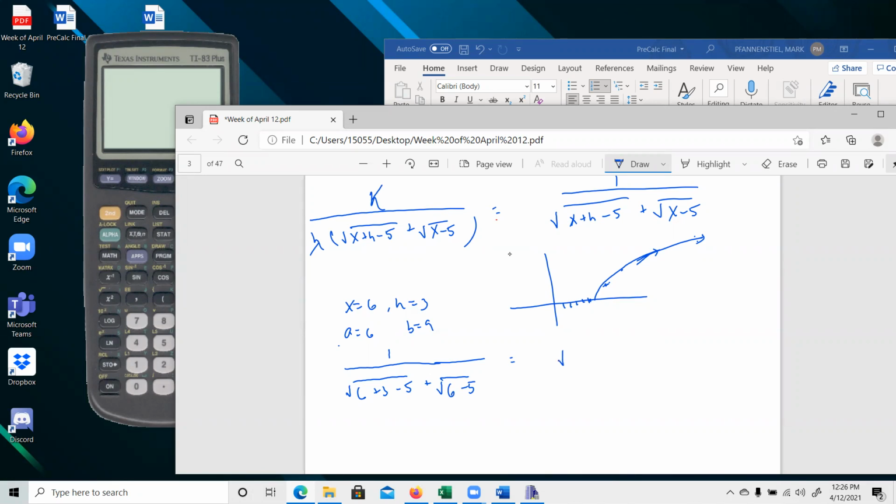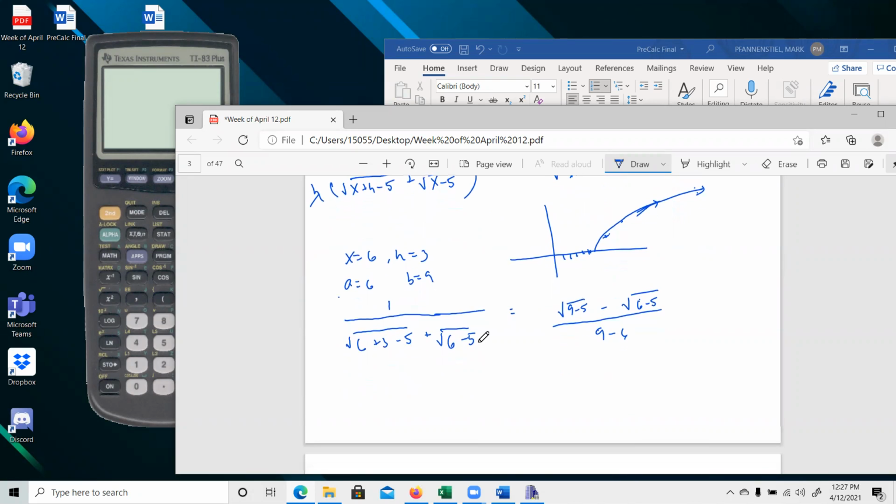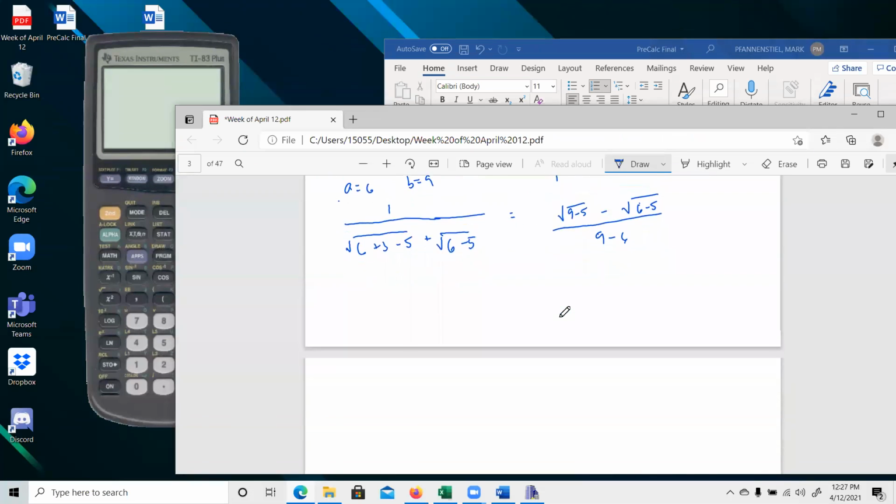So b is 9 minus 5 minus the square root of a minus 5, 6 minus 5, all over 9 minus 6. So what do we have here? I hope I wrote this one down right. This was f of b minus f of a all over b minus a. That's what this is.